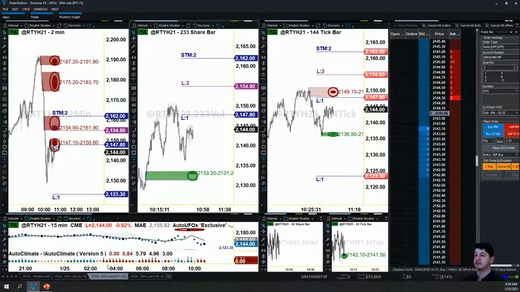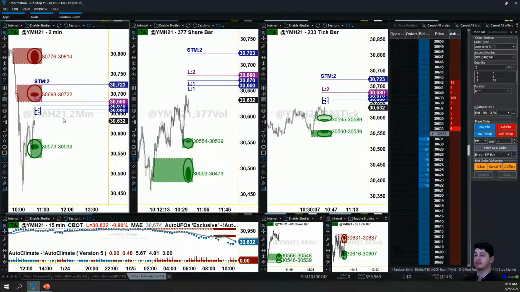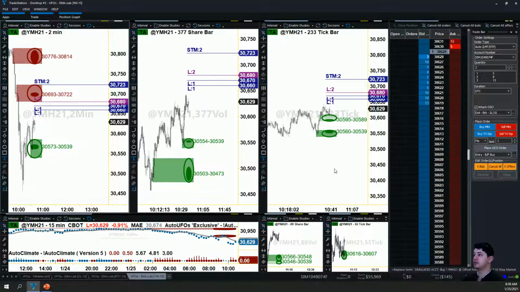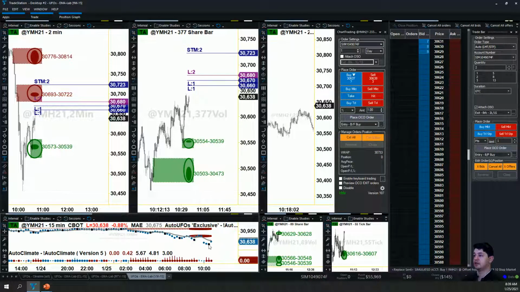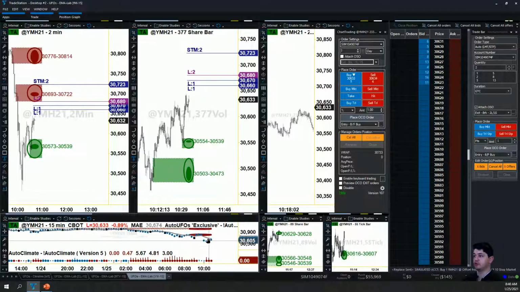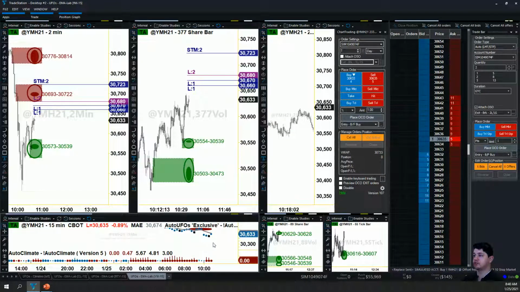RTY is still kind of set up over there. We're not doing a whole bunch there, so let's go ahead and properly set this up. I'm just going to enable chart trading here as well. And interestingly enough, we don't have a UFO down below. I could load some more data below just to see where it is.